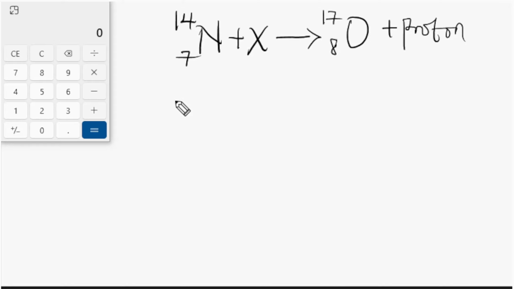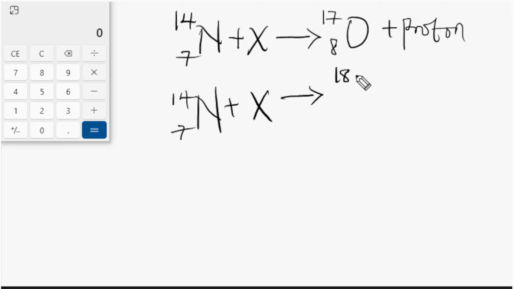So for this, we're going to have 14, 7 for N, then plus X to give 18, since it's 17 plus 1, and then 9 since it's 8 plus 1, and that's for oxygen here.